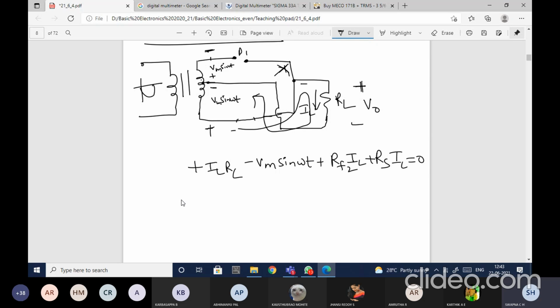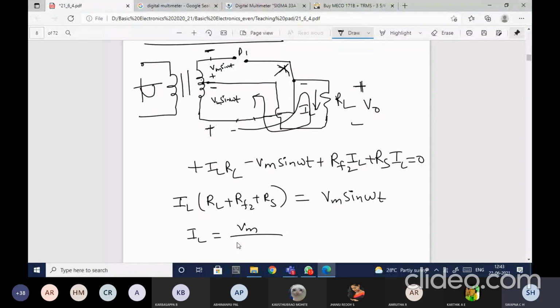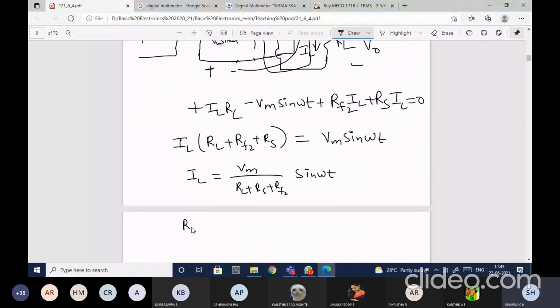Just rearrange. IL I'll take common so that I'll be left with RL plus RF2 plus RS, equal to Vm sin omega t. So here IL is nothing but Vm by RL plus RS plus RF2, into sin omega t. Let me assume that RL is very much greater than RS plus RF2, so that these two terms can be neglected.